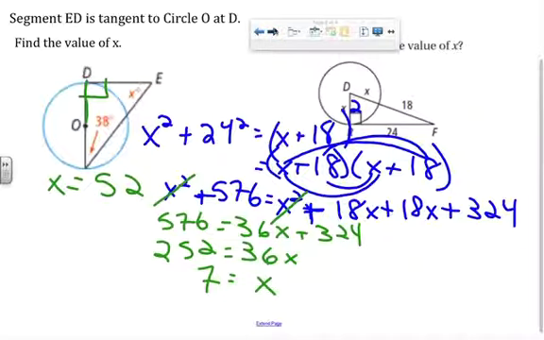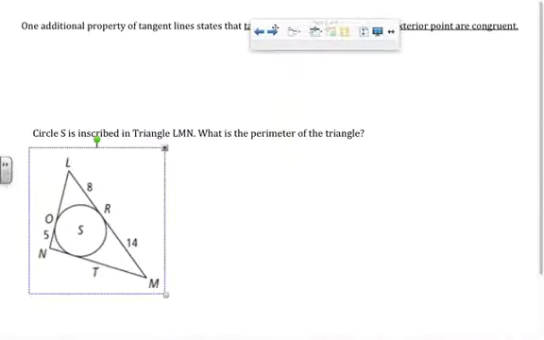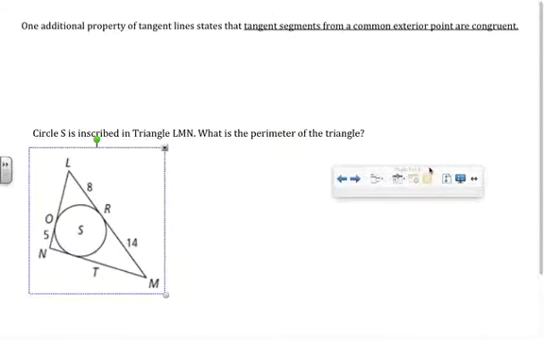Okay, another property of lines that are tangent to a circle is that if I have two tangent segments coming from the same exterior point, those two tangent segments will be congruent to each other. I absolutely get that that might be a little difficult to visualize, so that's why I gave you some space here to maybe sketch an instance of that.